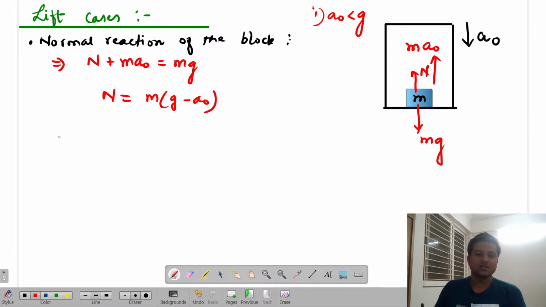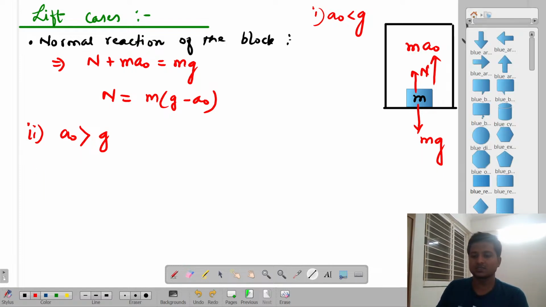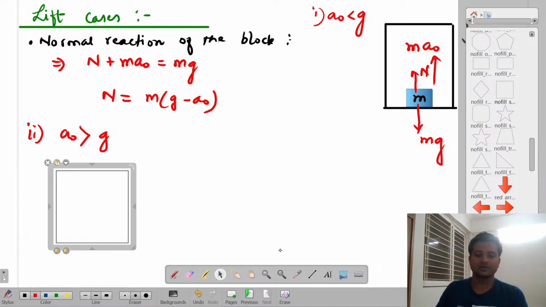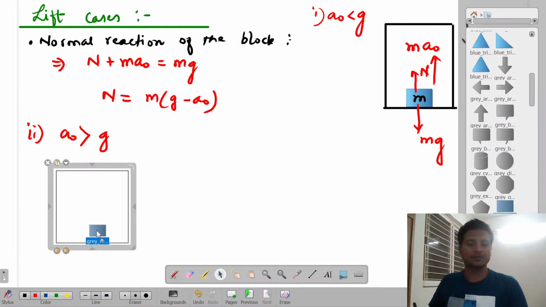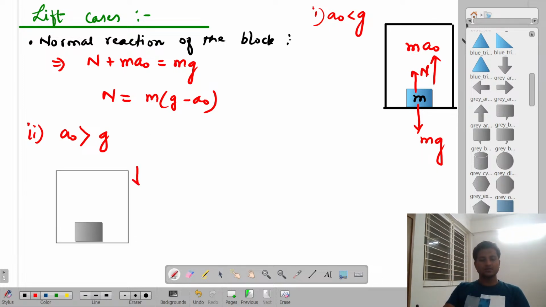Now consider the second case, when a naught is greater than g. What will happen? This is my lift, and I place a block of mass m, and this lift is still going downwards with acceleration.